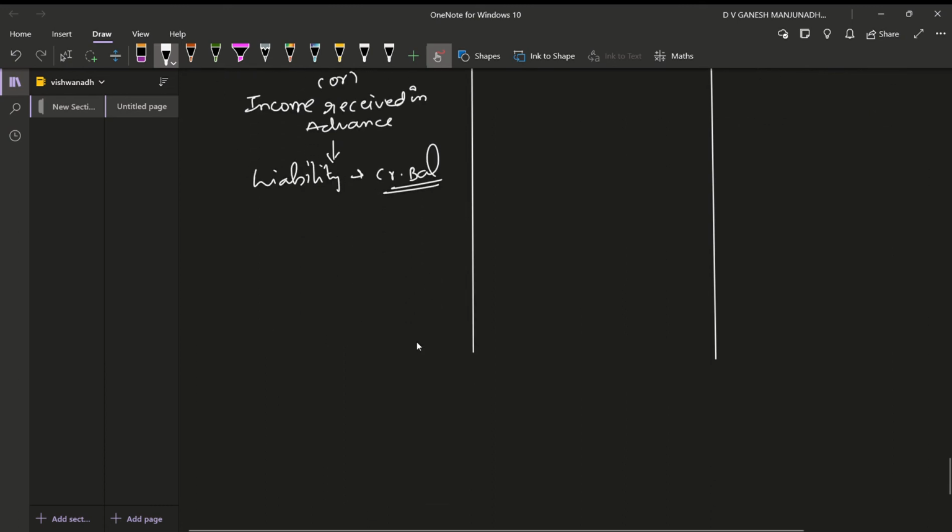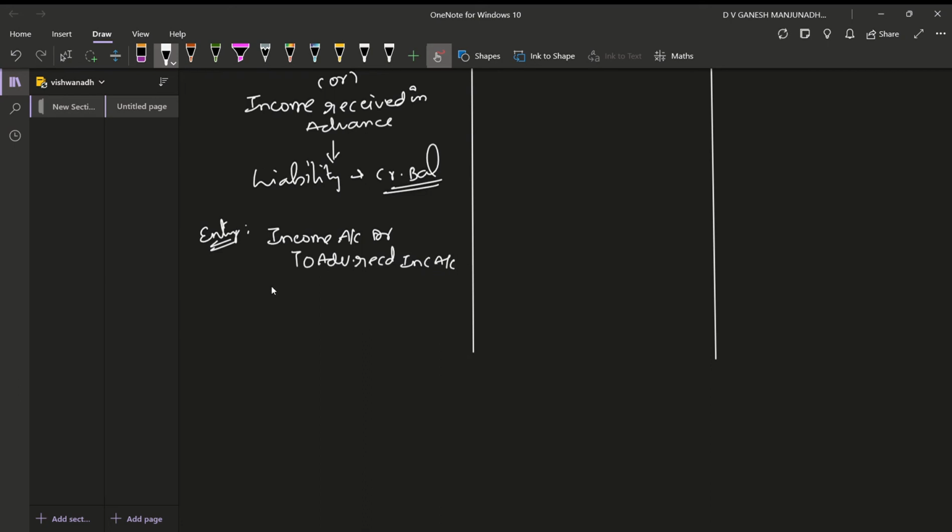Okay, income received in advance. As I have already said, this is an advance, and as this is an advance, we have to less. So what would be the entry? First of all, what would the adjustment entry be? As we have to decrease the income, we have to debit the income account: income account debtor to advance received income account.